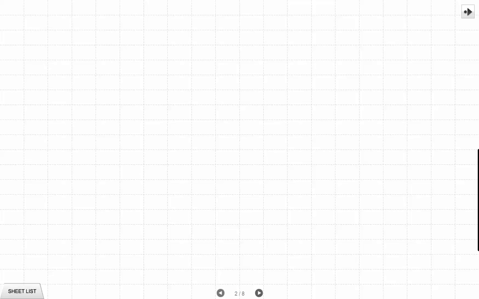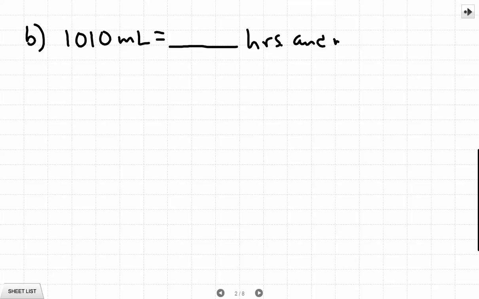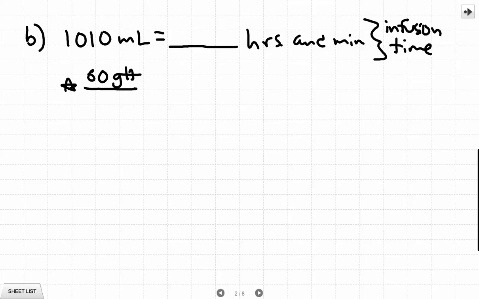So for part B, we know that we want to turn the 1,010 milliliters into some number of hours and minutes. Right? That's going to be our infusion time. So what we're going to use here is that observable drip rate. Right, we're going to use the fact that it was set to 60 drops per minute.